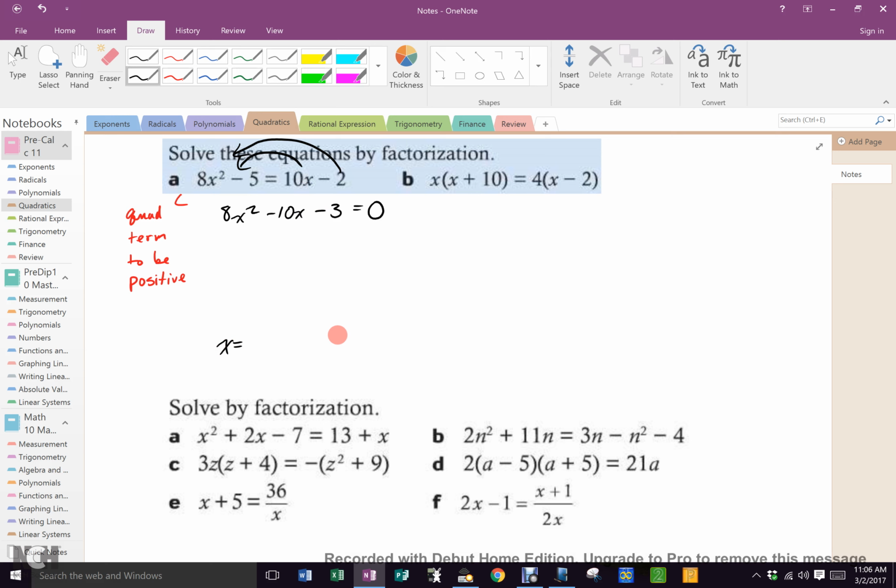So you're going to factor that. What is it? 6 and 4? 12 and 2? It is 12 and 2, except what?